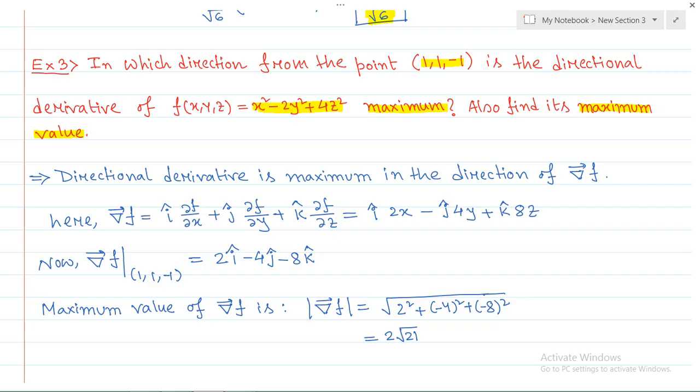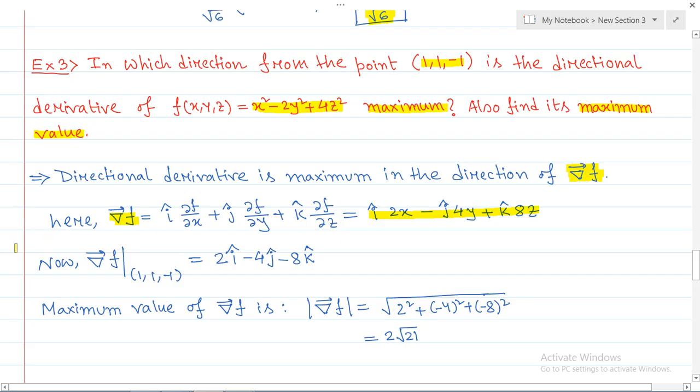Basically, the directional derivative is going to be maximum towards the direction of the vector grad f itself. So we have to just calculate grad f at this particular point (1, 1, -1). The formula of grad f I have written, and we have calculated the grad f value. It is coming i cap 2x minus j cap 4y plus k cap 8z.